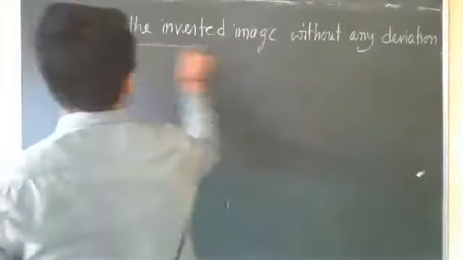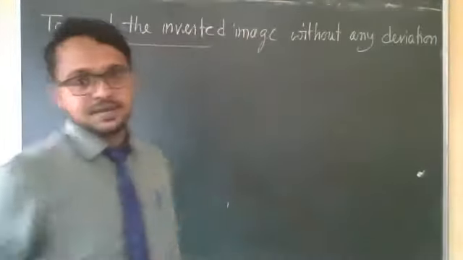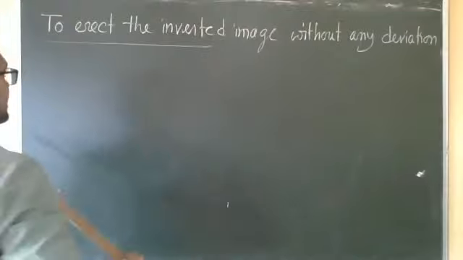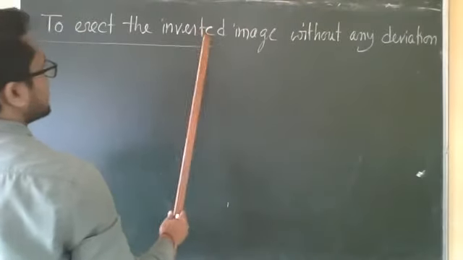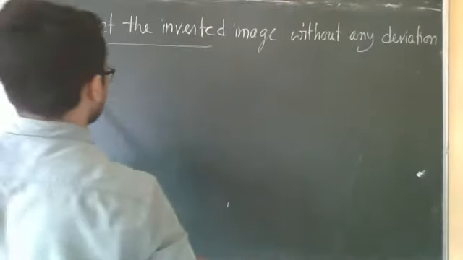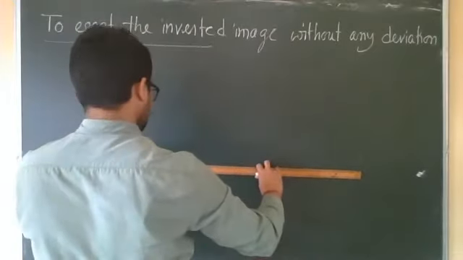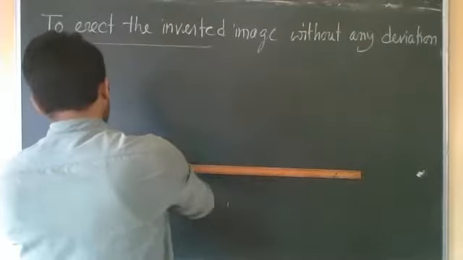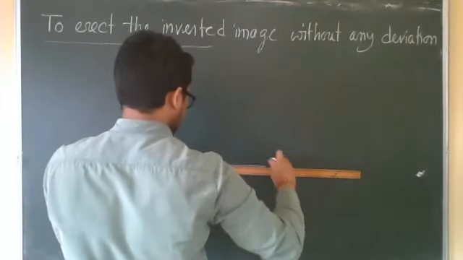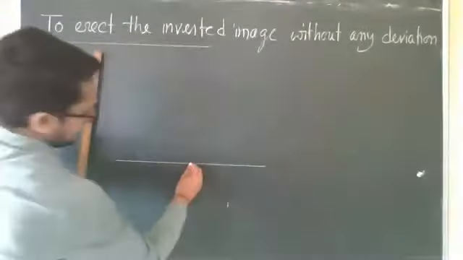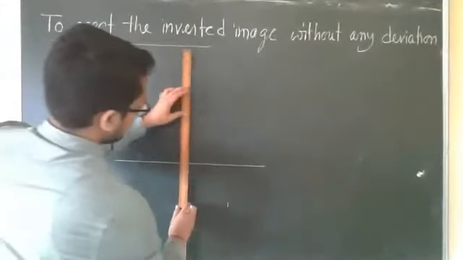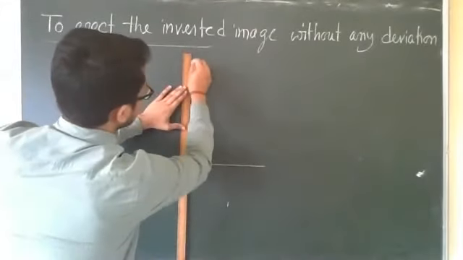The object and image will lie along the same plane. So no deviation, but the inverted image will convert into an erect image. Here again we are using that kind of prism only, a right angled isosceles prism.